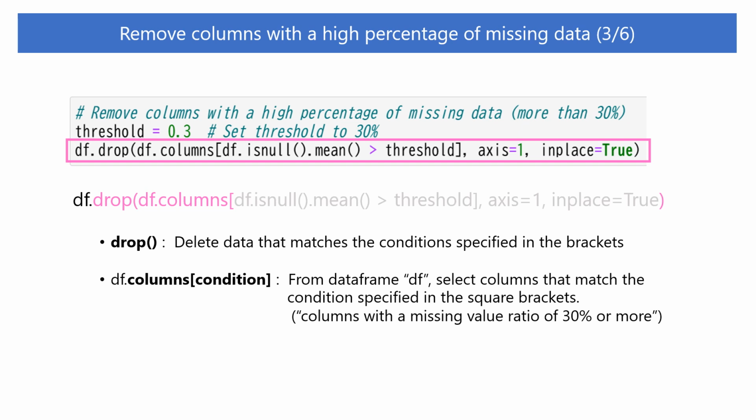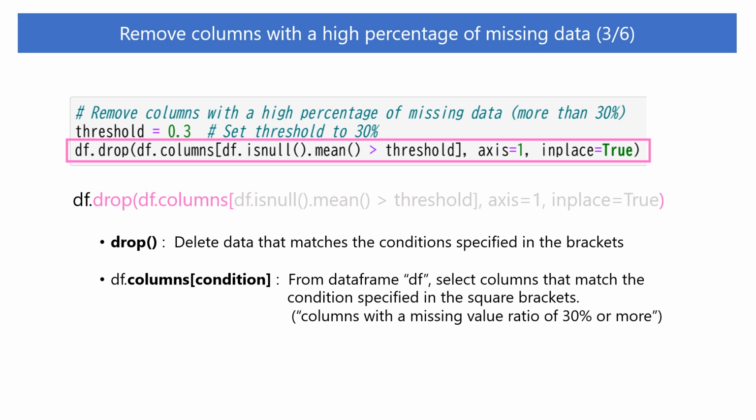Again, we use drop to delete the data that matches the specified conditions. Inside the brackets of drop, we specify the data to be deleted and a method of deletion. First, we specify the data to be deleted. We add square brackets after adding the columns to the data frame df.